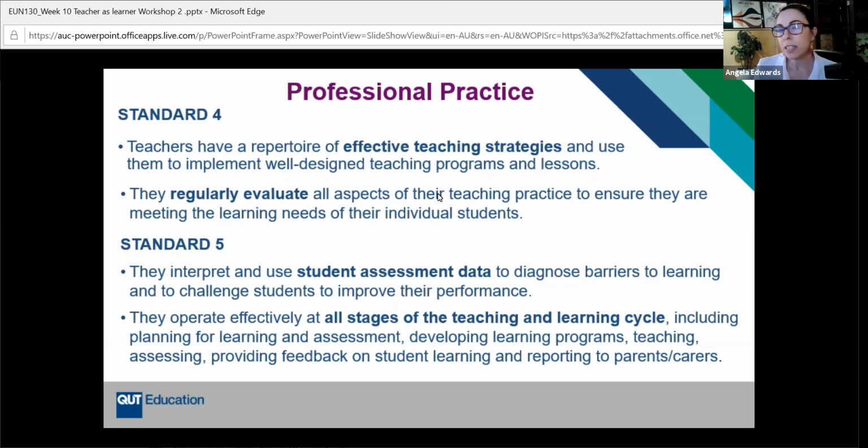So this is something that you'll be thinking about now when you'll be moving on to your second placement. And again, you will be reflecting critically about that and expanding on this professional statement. But this is where you first start. This is your first point of contact with your professional statement.